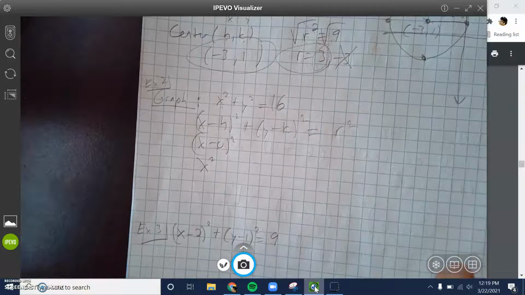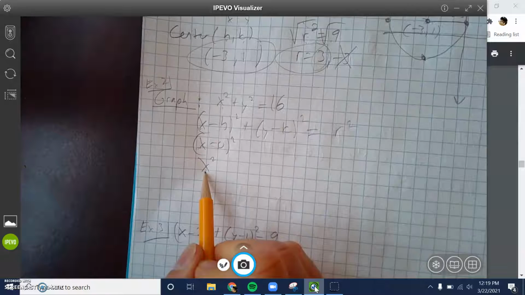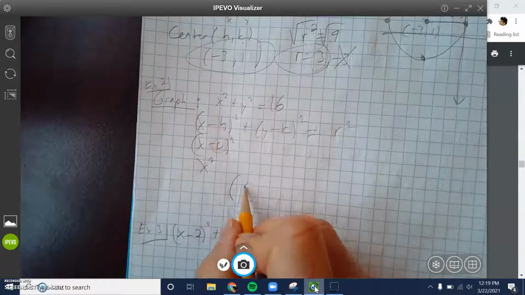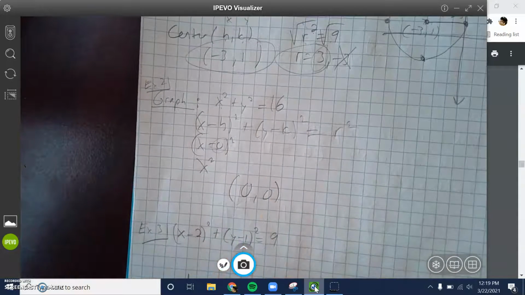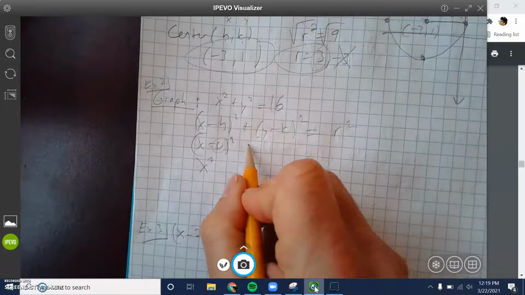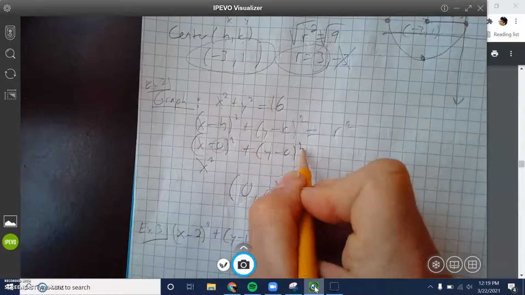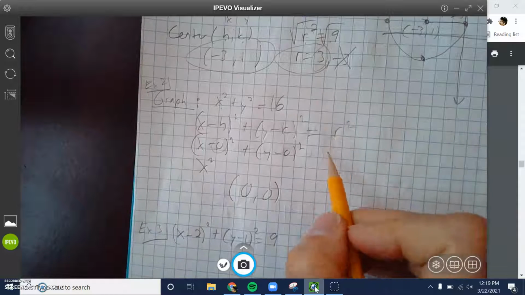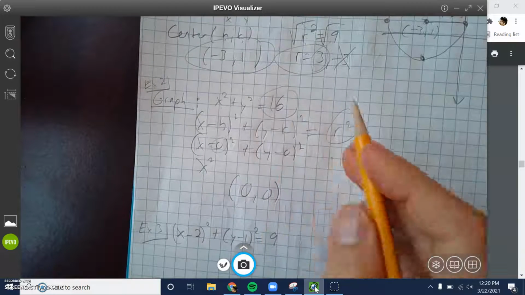Like 10 minus 0 is 10, 100 minus 0 is 100, x minus 0 is just x. And so the center is just going to be (0, 0), aka the origin, because this is also going to be y minus 0 squared. Now radius squared is 16.